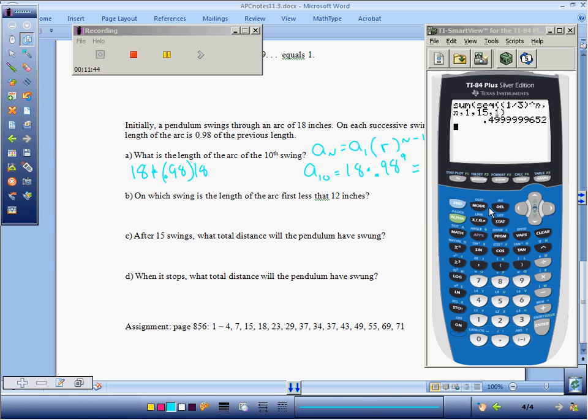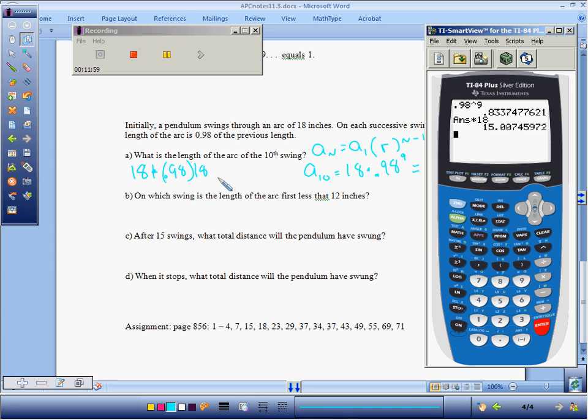And so on my calculator, I'm going to plug in 0.98 raised to the 9th. I kind of want to do that first. And I'm going to times that, enter, times 18, and I will get 15.07.